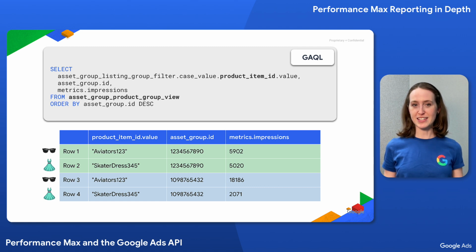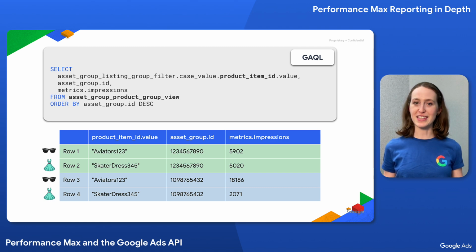Perhaps when I query the Asset Group Product Group View resource, I find that my sunglasses actually have way more impressions in one asset group compared to another, but my skater dress has way fewer. This might tell me something about what sort of assets are drawing users to different products or categories of products.